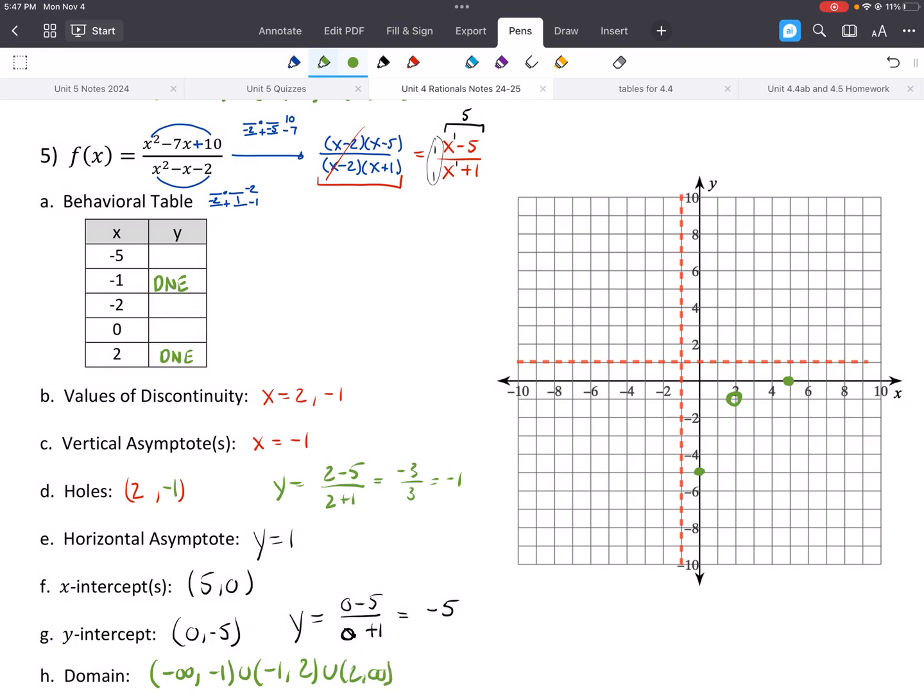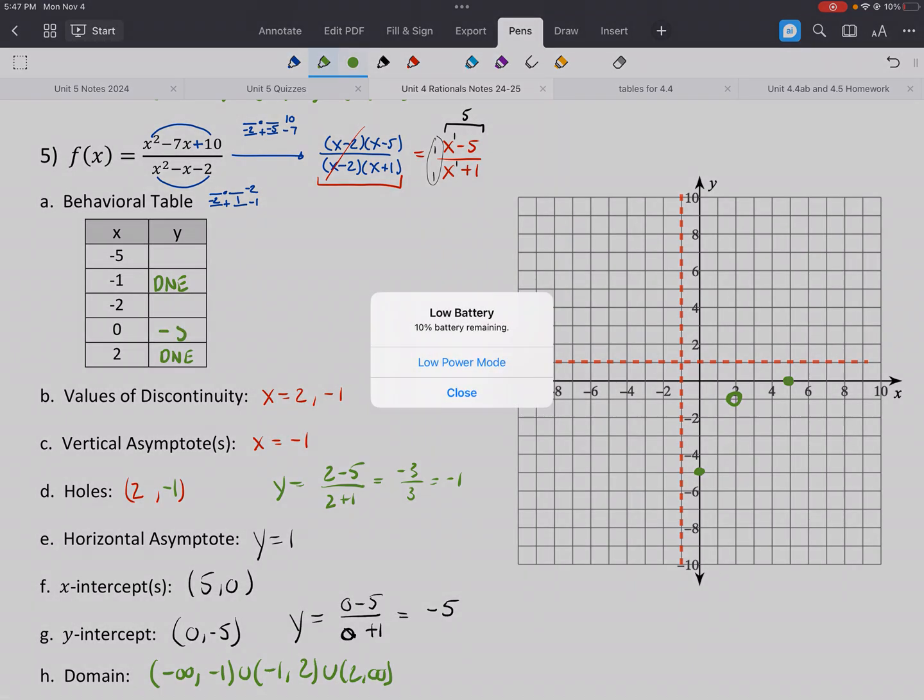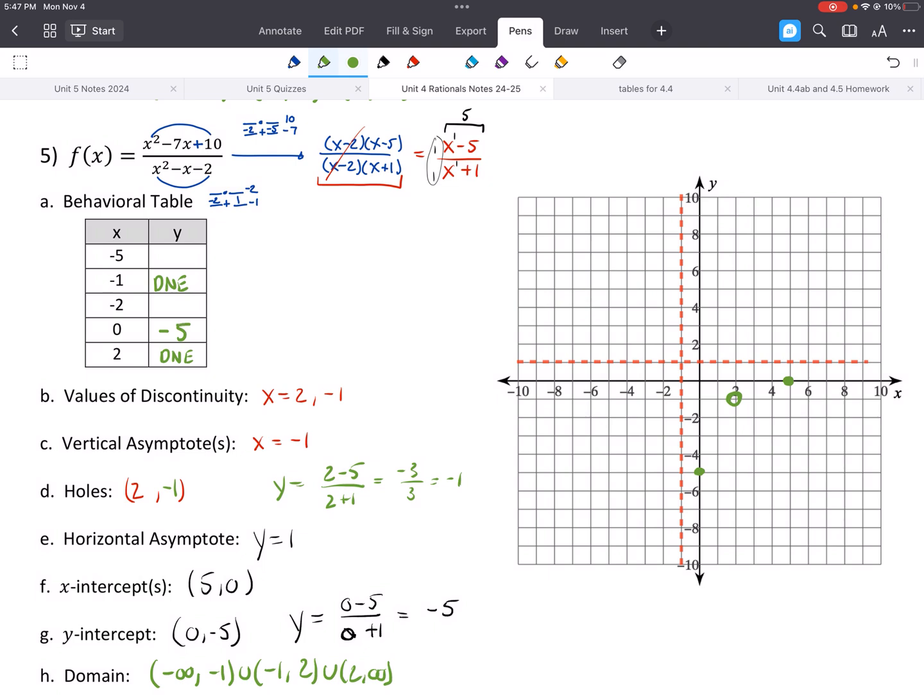All right, we can fill in some of our table. So at 0 it's negative 5. Oops, sorry about that. And then, I guess we don't have 5, but we could put it here. So 5 is 0. Might be helpful to have that there. And then we have these other 2 points.